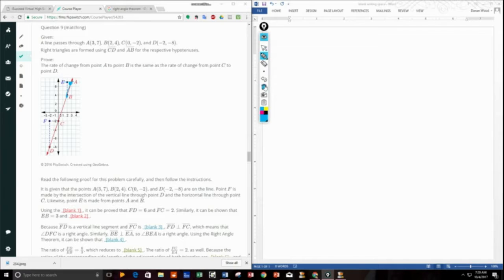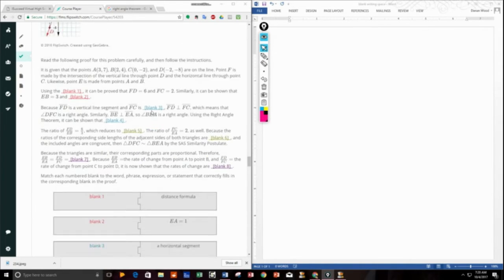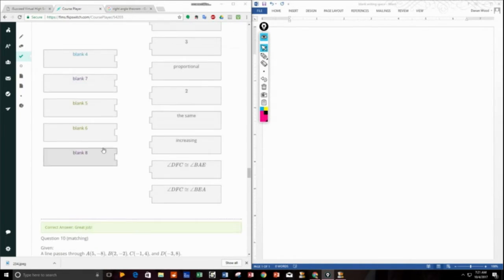The other one lists B to E to A, and that's the 90-degree angle that we were looking at. So the order of angles matters, and it tells you exactly the order that they want. So blank 4 is going to go BEA.